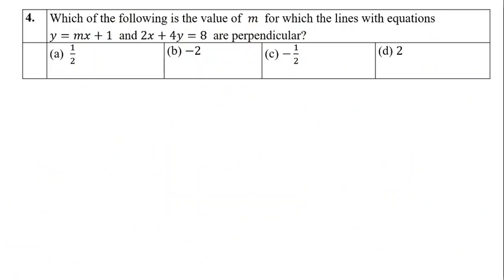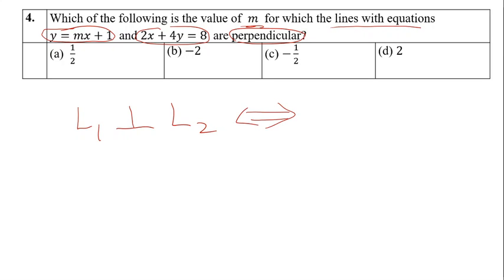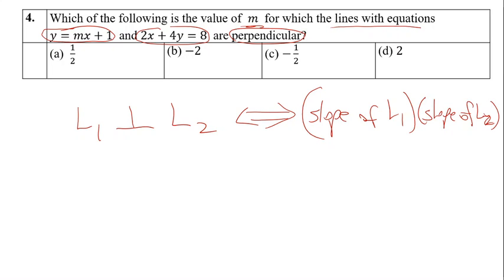Now, which of the following is the value of m for which the lines with these two equations are perpendicular? So remember this, if two lines are perpendicular, perpendicular means amudi in Arabic, the slope of L1 and the slope of L2, their product will be equal to -1.